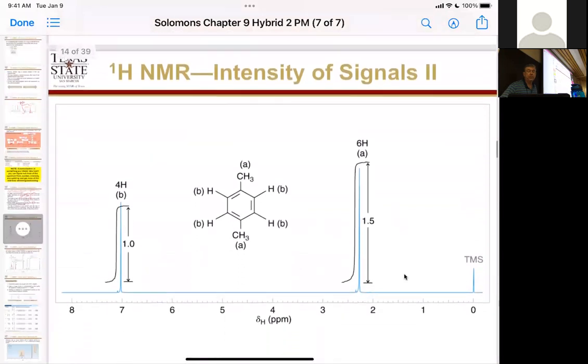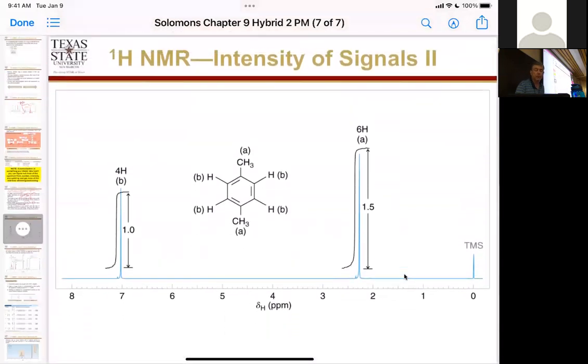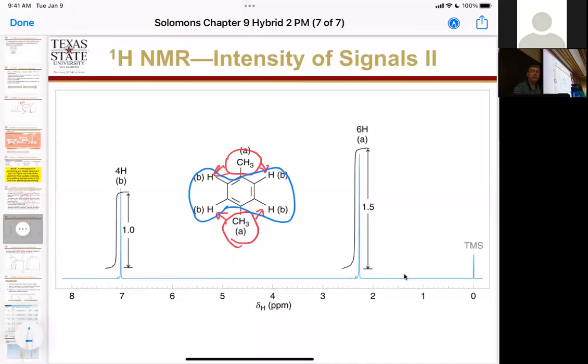Okay, so let's look at this one right here. So first of all, let's look at equivalency. These hydrogens are equal to these hydrogens because even their through space interactions are the same. And then these hydrogens are all the same because their through space interactions and connectivity are all the same as well. So we have 2 peaks.